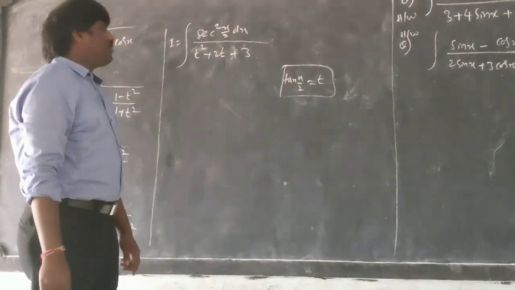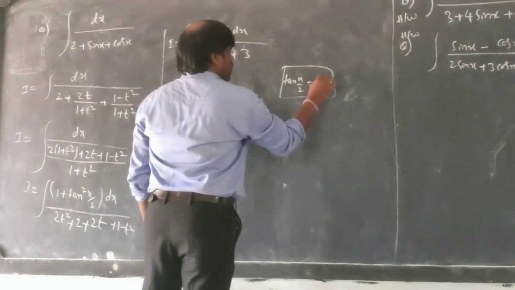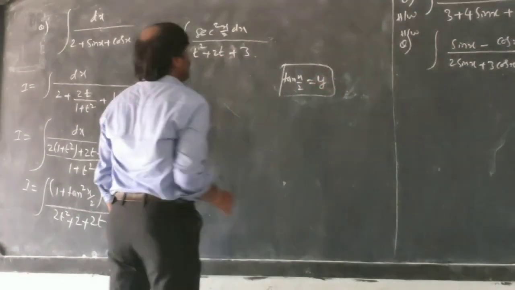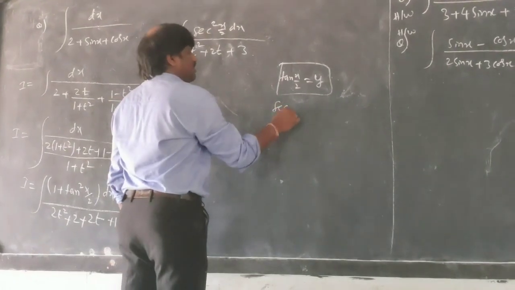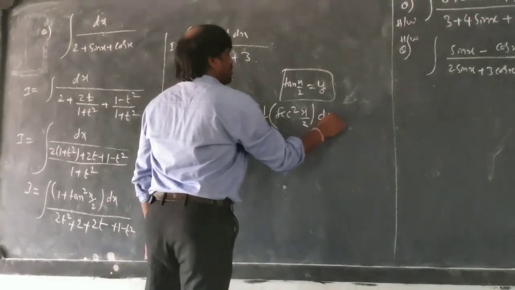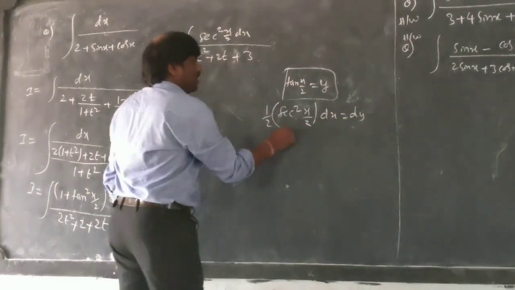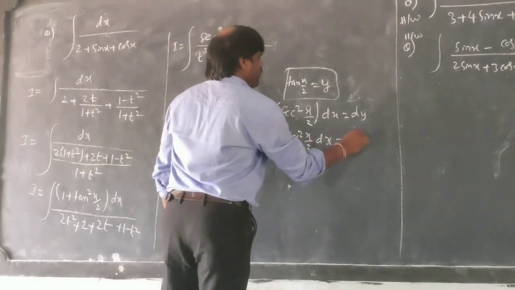So tan x by 2 is y, and sec square x by 2 times 1 by 2 dx is equal to dy. So sec square x by 2 dx is equal to 2 dy.